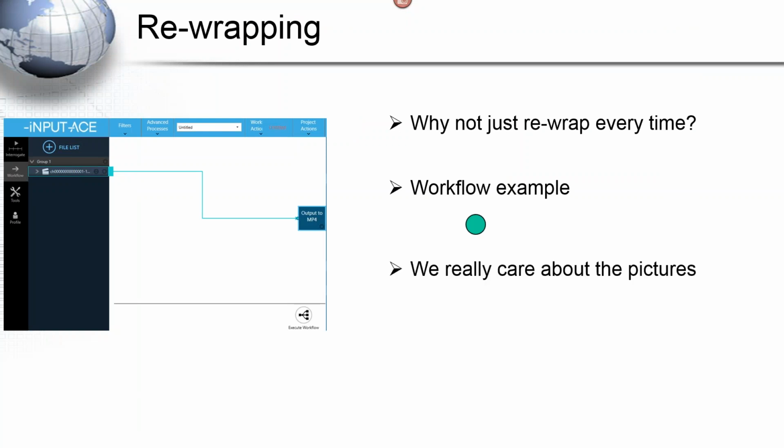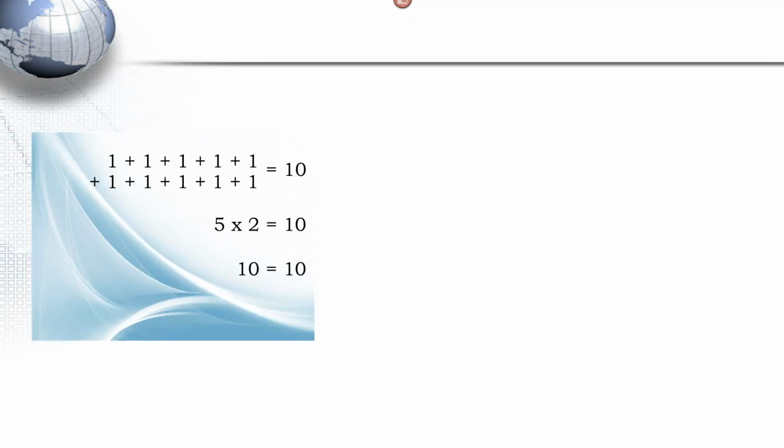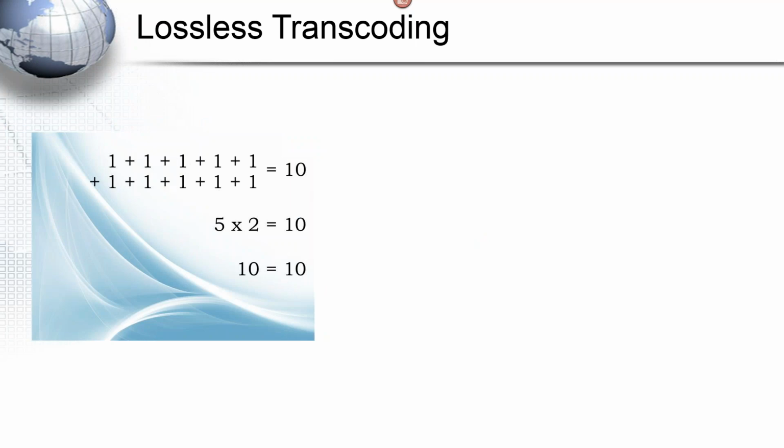So what other options might we have to do these kinds of conversions if what we really care about is ensuring that we don't change any of the picture values? Yes, there are other options. And the other options are a process of performing a lossless transcode.